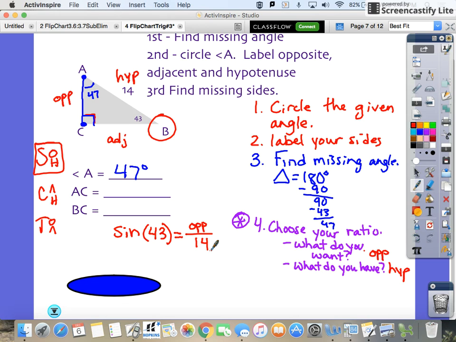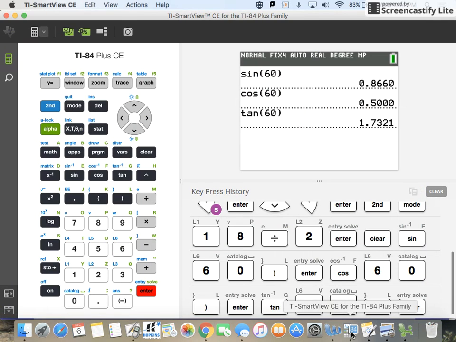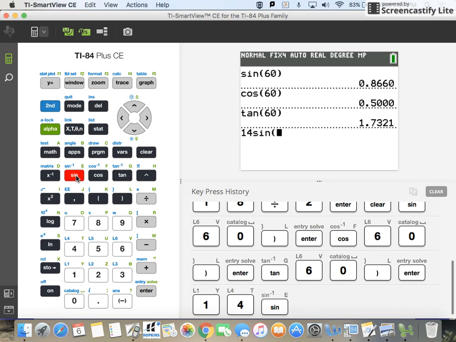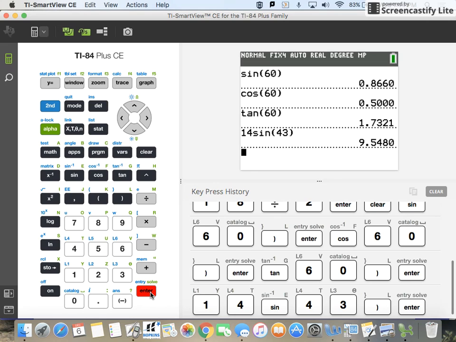So now what we do is we solve for the opposite. So we're going to multiply by 14, multiply by 14. And when we type in 14 sine of 43, that's going to give us our opposite side, which is AC. 14 sine of 43 is 9.5480.